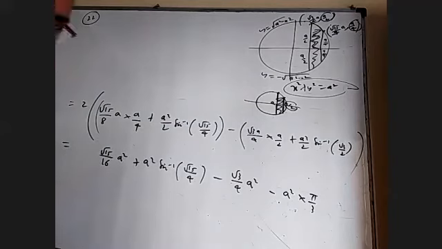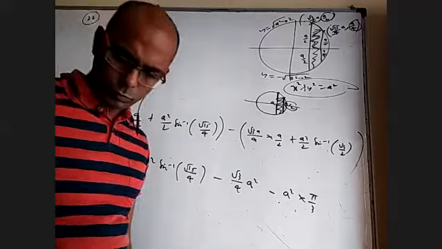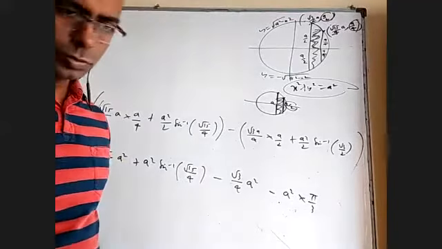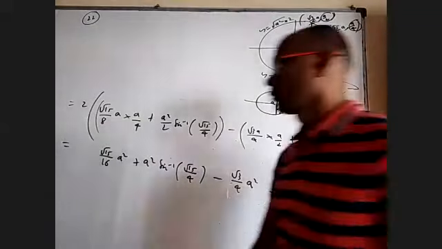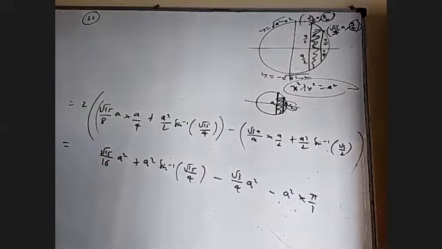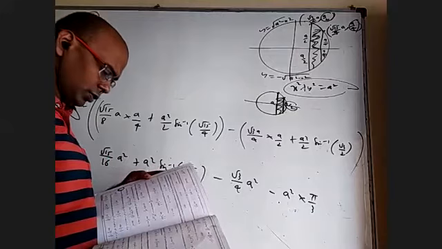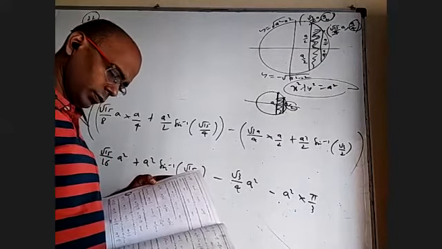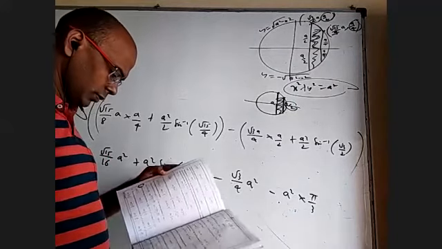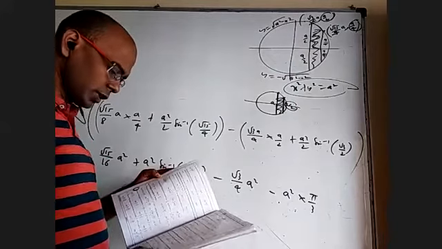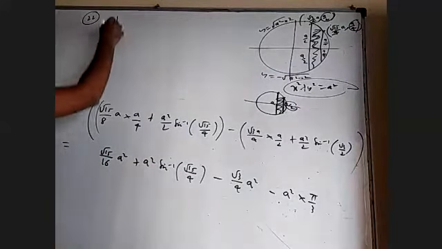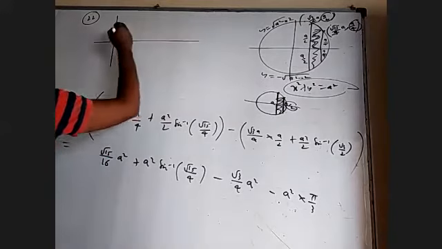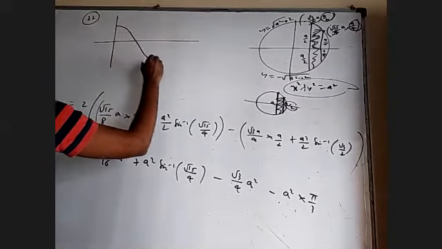So in 22, okay, now what is this in 22? Sin x, cos x and sin x between 0 and 3 pi by 2. Okay. So cos x graph is like this.